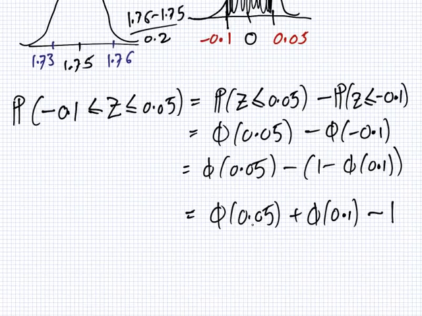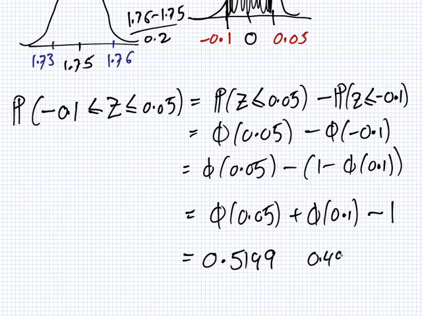Have we looked up this table book 0.05? Yeah, what was it? 0.5199. Oh, 5199, okay. And what about 0.1? 0.496. 496. Yeah? No. 5398.